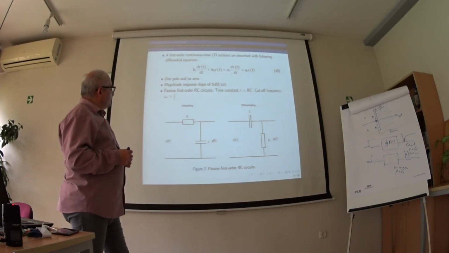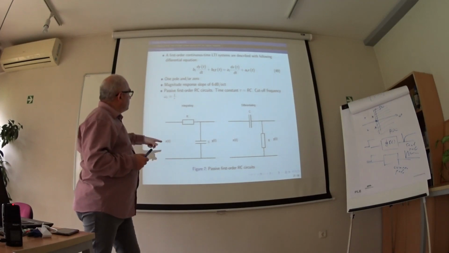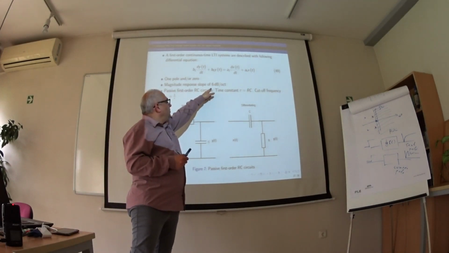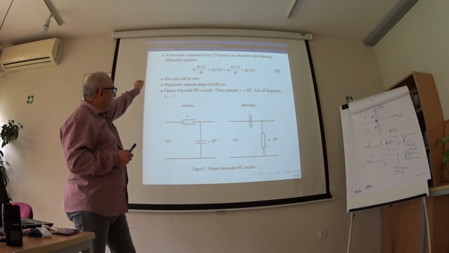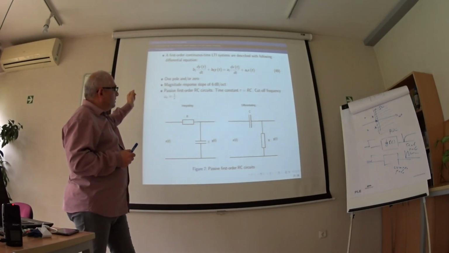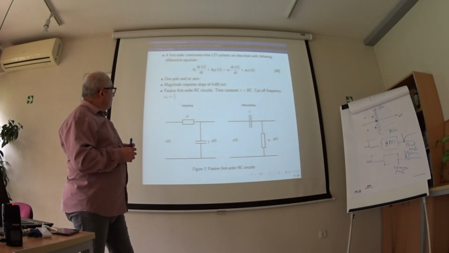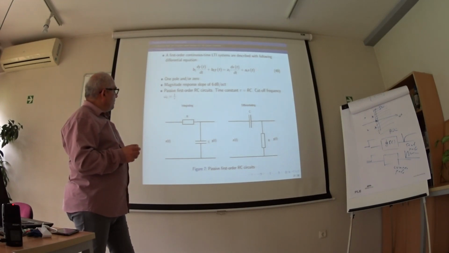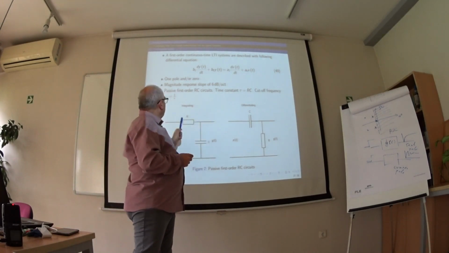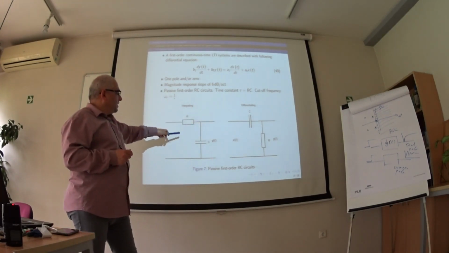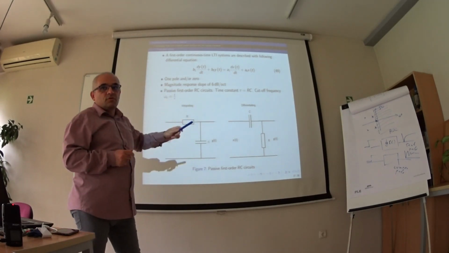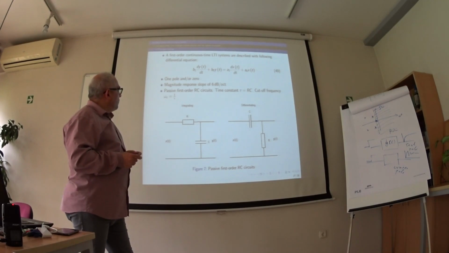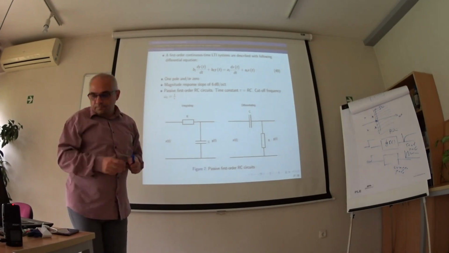We have 6 dB per octave slope of the magnitude response. I will show this in the MATLAB. And for such systems, we have the time constant, which is R times C, and the cutoff frequency, because we have filters, low pass and high pass filter. The cutoff frequency for such filters is 1 over tau.